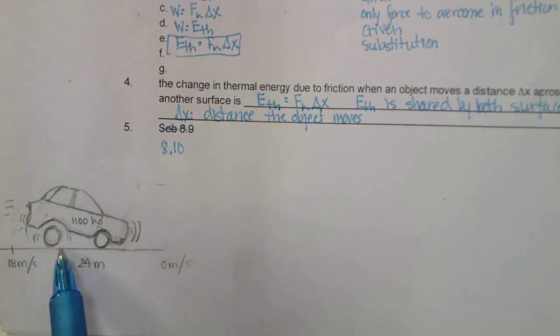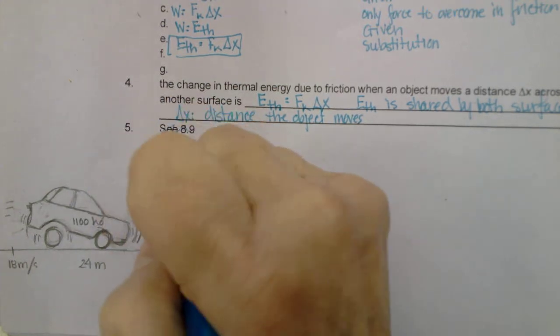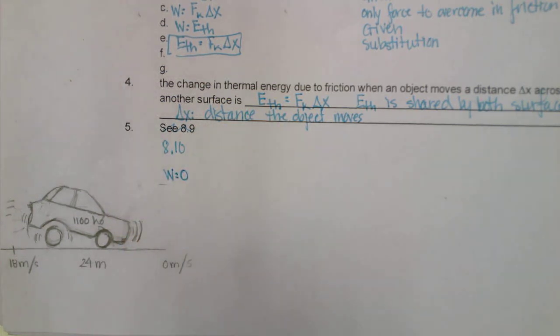All of the heat that's generated through this process is from the system itself, the heat of the brakes, the heat of the tires on the road, the friction created by those moving parts, and that's a part of the system. So in this case, work is equal to 0. If the only thing acting on the system to stop it or to slow it down is the brakes or whatever, you have no work acting on the object. All right, so I've got work is equal to 0.